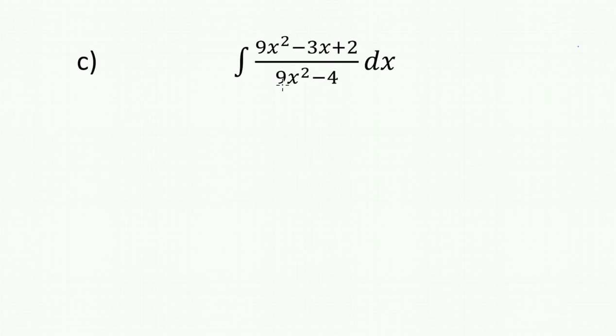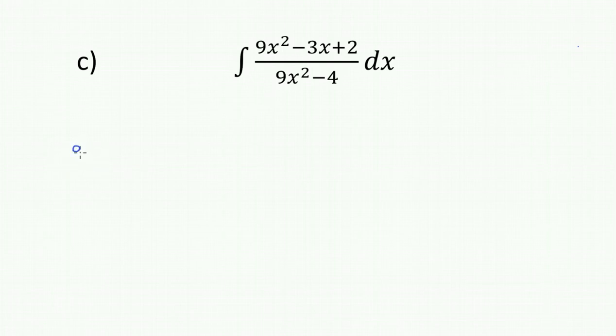What we need to do here is reduce the power on the top down so that it is in partial fractions form. And to do that, we need to do polynomial division first. This won't take very long for this one, but that's what you need to do for this type of question when the powers are equal or this is a higher power. So for example, if this had been a cubed term, we'd need to do a bit of work on it first before we can do partial fractions.